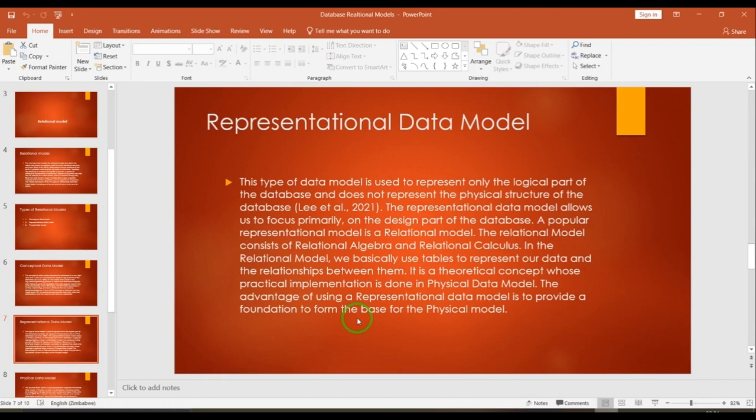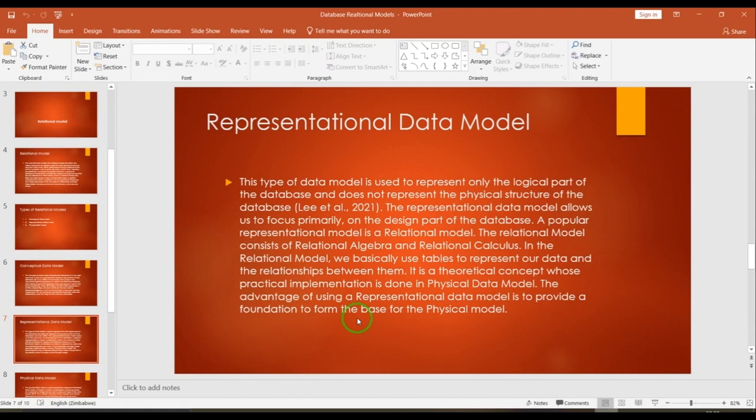Then after the conceptual data model, we have the representational data model. This type of data model is used to represent only the logical part of the database and does not represent the physical structure of the database. The representational data model allows us to focus primarily on the design part of the database.